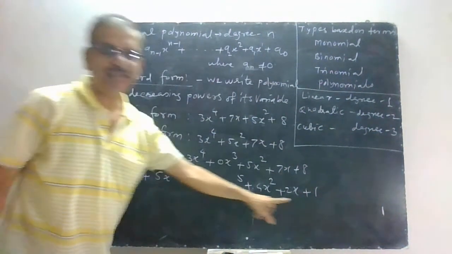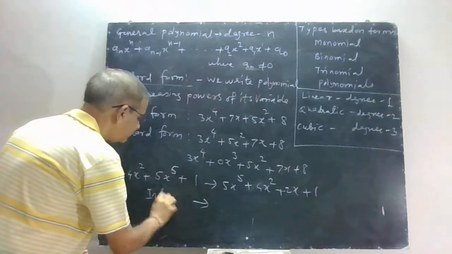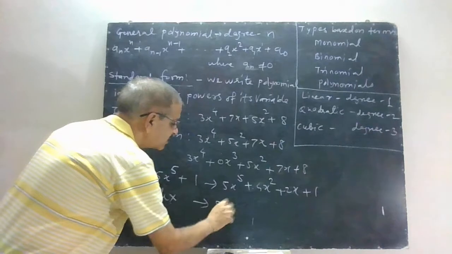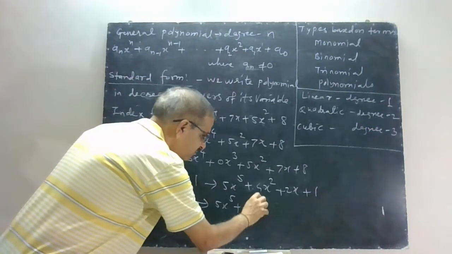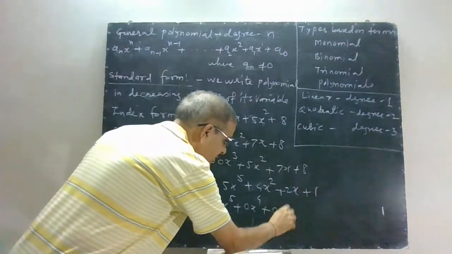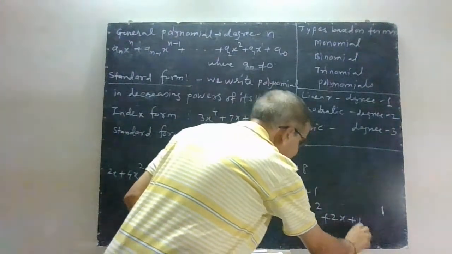We have written it in standard form, and then we have to write down its index form. So it is 5x raised to 5, then the term of x raised to 4, 0x raised to 4, plus the term of x cube, 0x raised to 3, plus 4x square plus 2x plus 1.